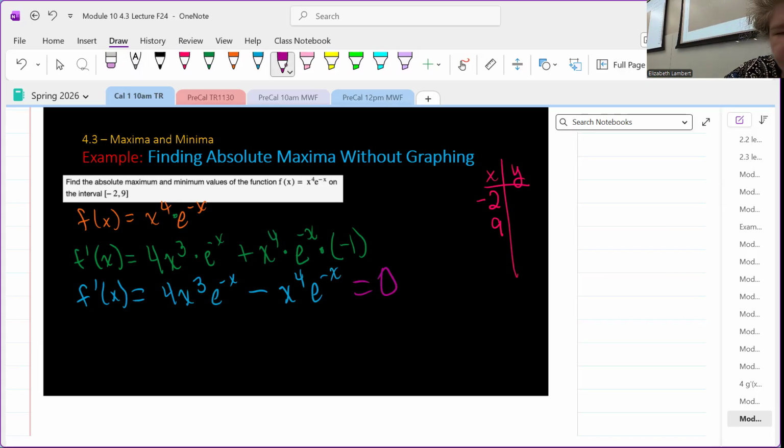Now when I set this equal to 0, there's some stuff that's the same in both of these two things being subtracted, so I'm going to factor out the common stuff.